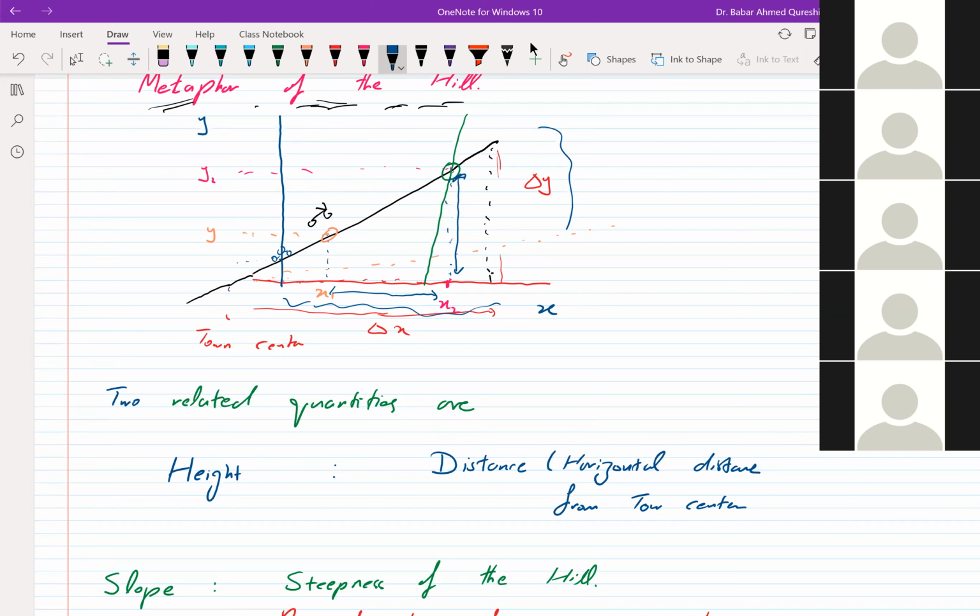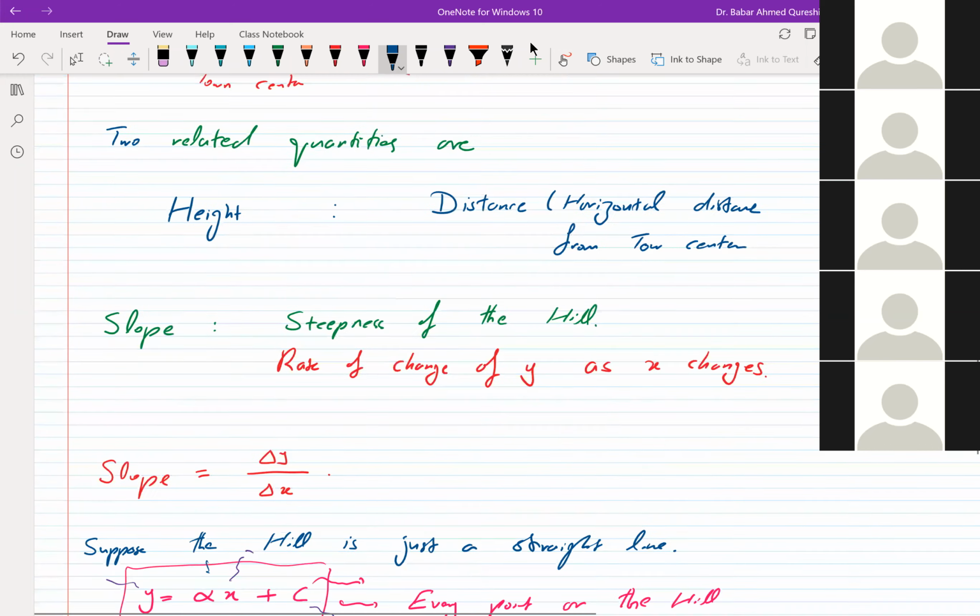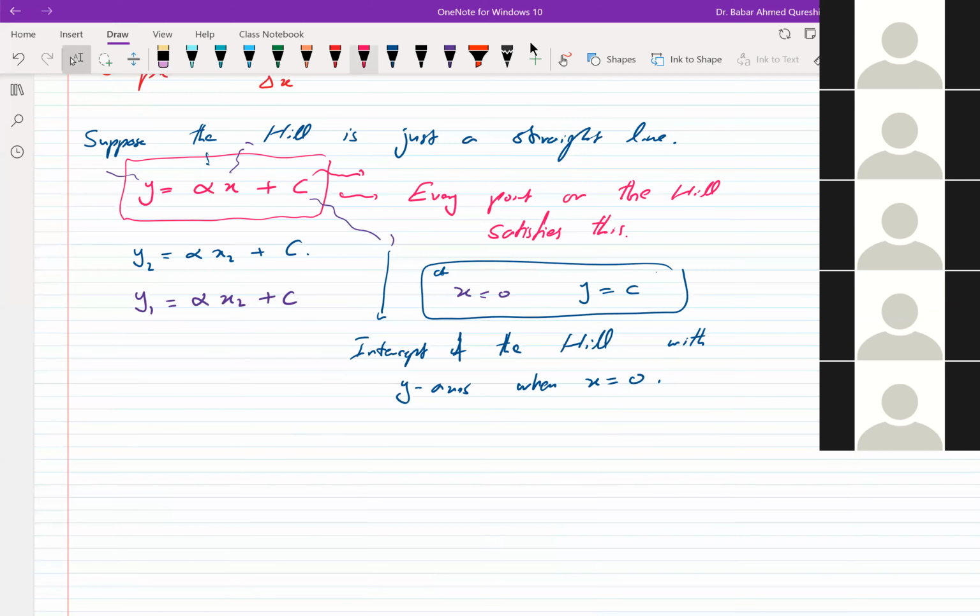This gives me the rate of climbing, rate of increase. So I can say that the slope is the change in the height divided by how much horizontal distance I covered between those 2 points.